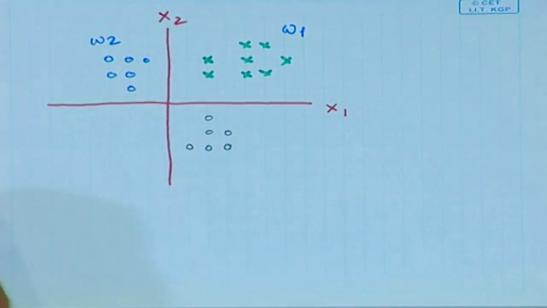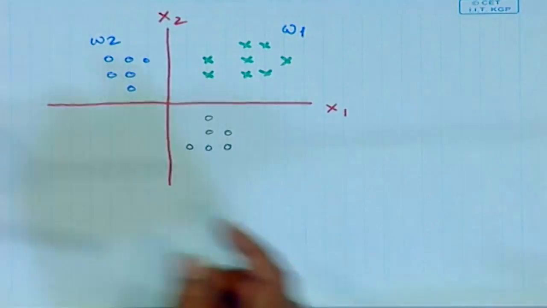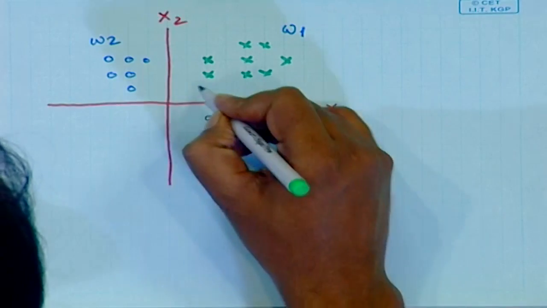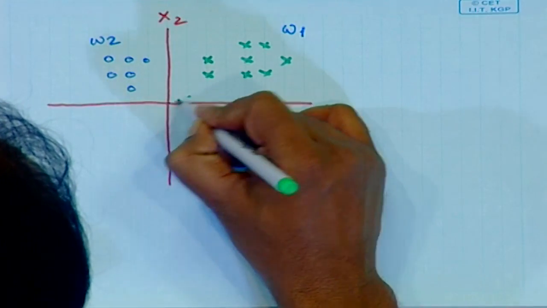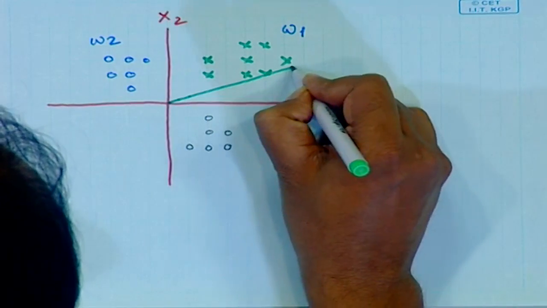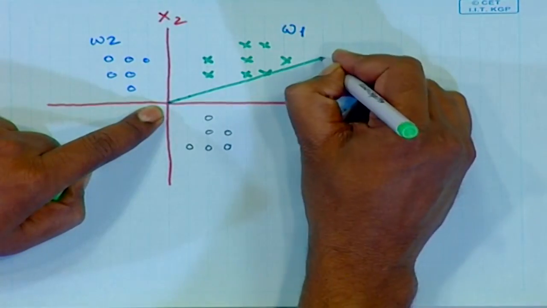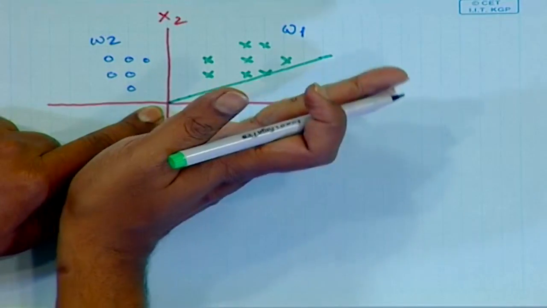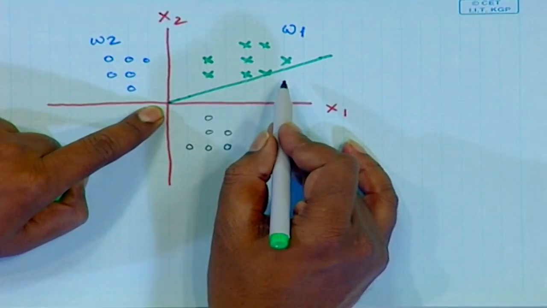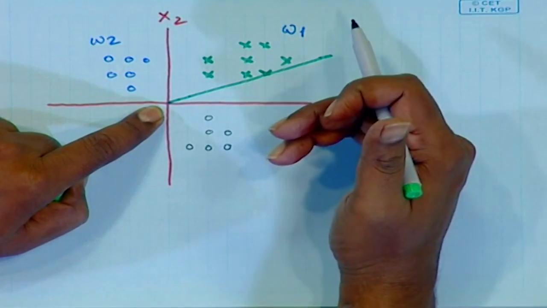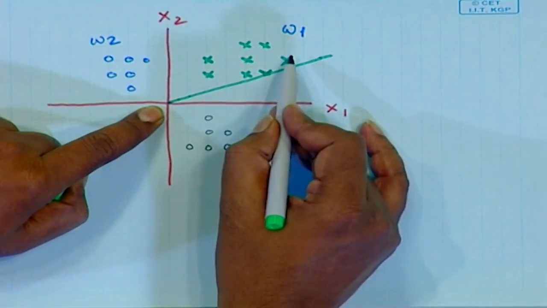You find that I have some limiting cases. What are those limiting cases? One of the limiting cases is this one. This is one of the limiting cases, because the moment this particular straight line is rotated anti-clockwise further, this sample is going to be misclassified. If I rotate it clockwise, all these samples will be properly classified.